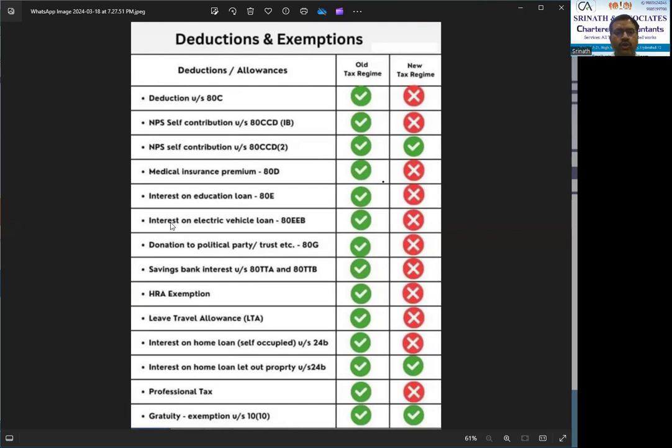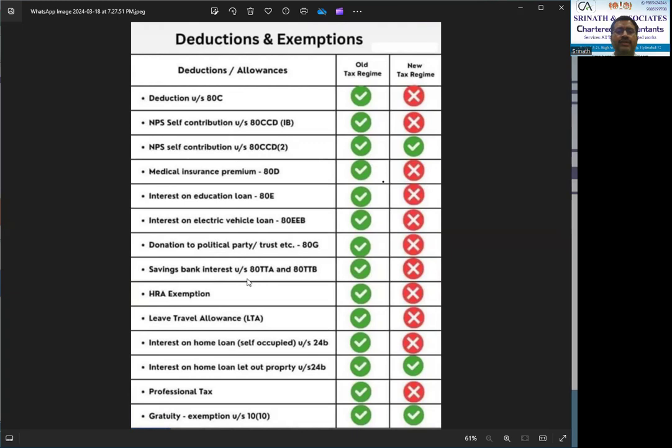That deduction also is available only under the old scheme, but not under the new scheme. In the same way, donations to political party or trust or any other fund or institution, which are covered under section 80G, 80GGA, 80GGB, and 80GGC, are available only under, once again, the old scheme, not under the new scheme.